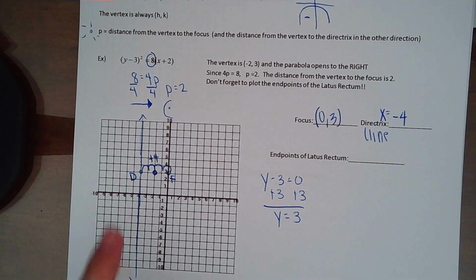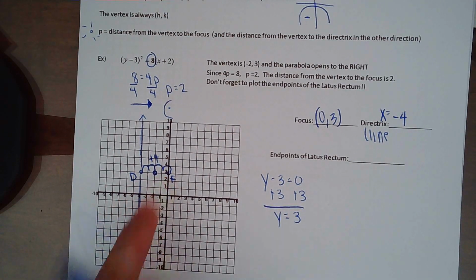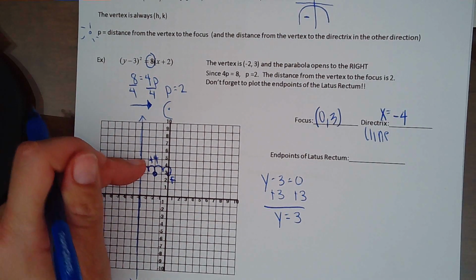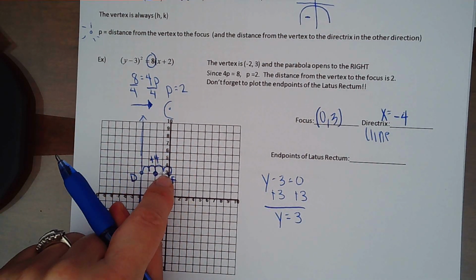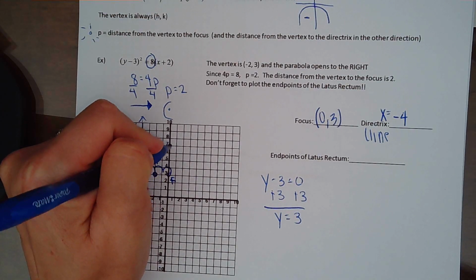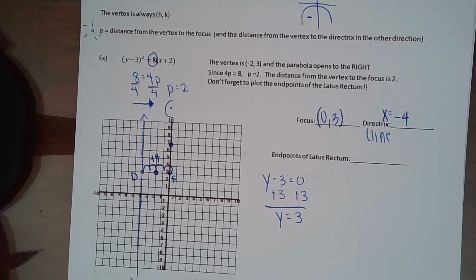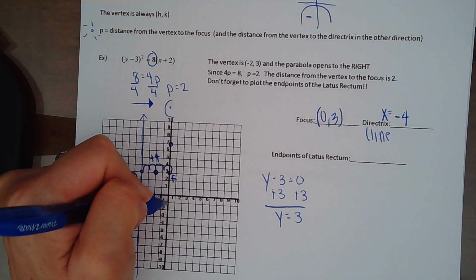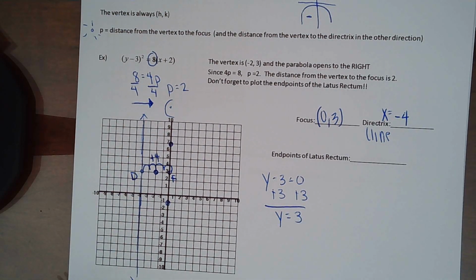And we see that it's from the directrix to the focus is 4 units, okay? 4 units. So what we're going to do is we're going to go from the focus and we're going to count up 4 units. So up 4, there's 1. That's 1 point of the latus rectum. And then I'm going to go down 4, which will be right here at -1.